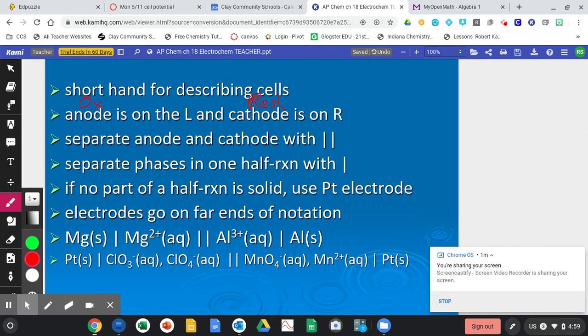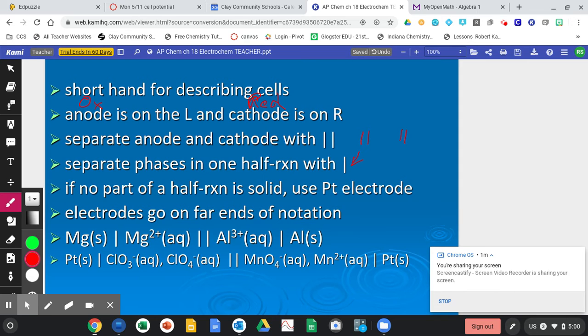We're going to separate them with a single bar and a double bar. The double bar separates the anode from the cathode. I don't care if you use a capital I in Arial font or a small L, just try to get those double lines like that. And then, of course, the single line is when we separate the phases.